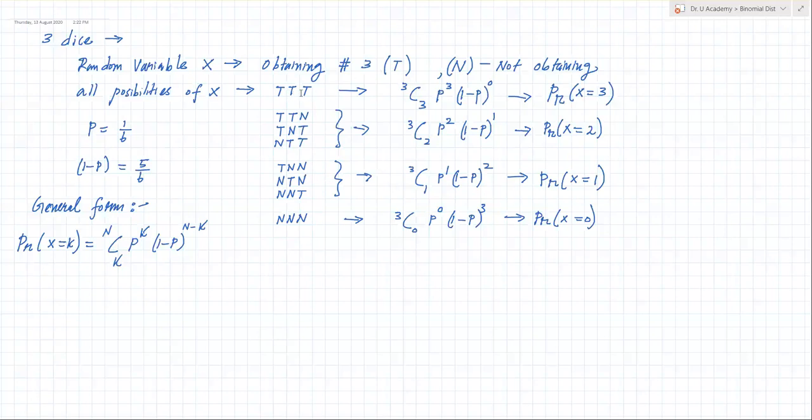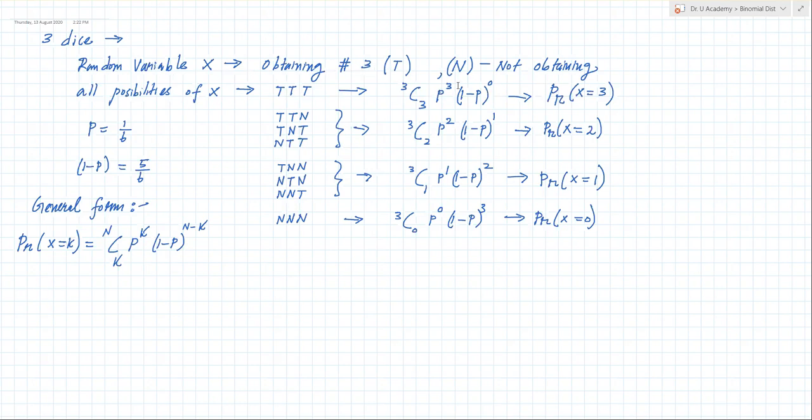Now TTT. This one, T is what? Obtaining 3. That is our random variable, right? So this is how we are going to represent it. Probability. TTT. Probability of what is our random variable?